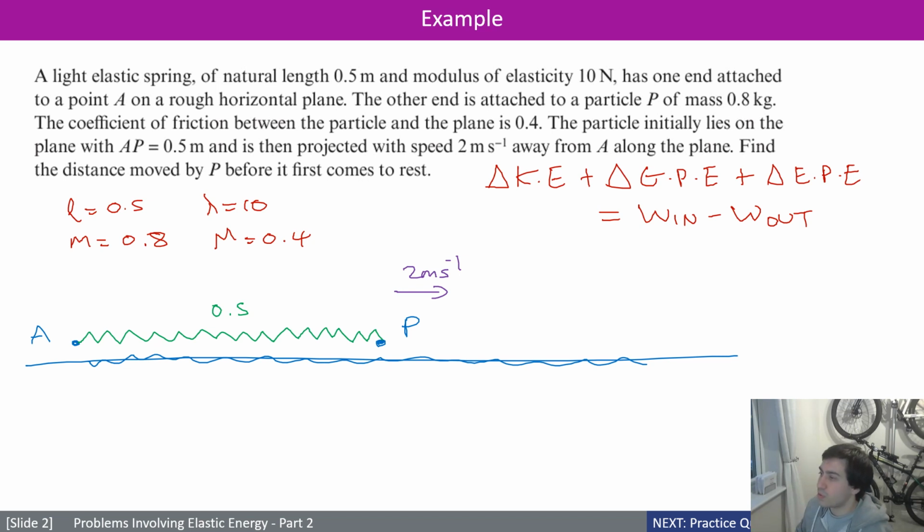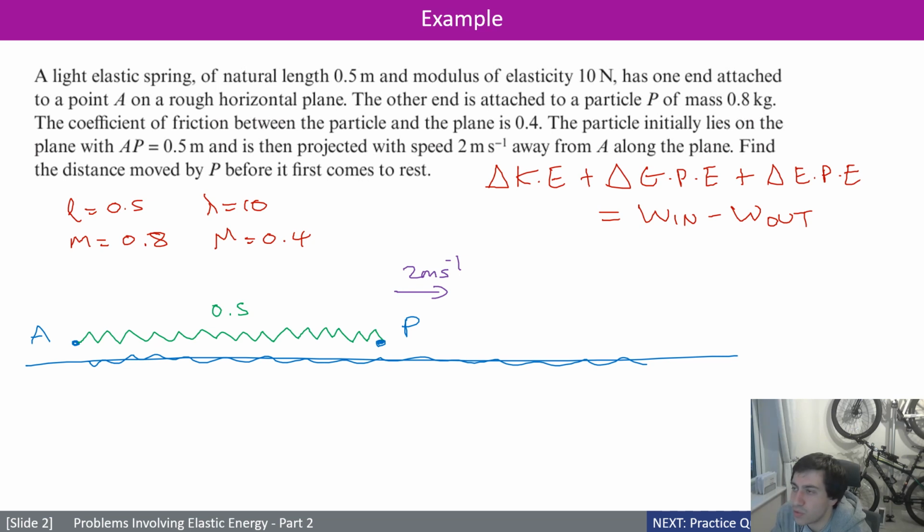It's presumably caused by someone holding the particle and giving it a bit of a push. And now it's going at 2 meters per second initially. Because of course the spring is neither compressed nor stretched at this point. So that speed is being caused by something else. Effectively, it's just an initial condition, its initial state. And it's projected to the right away from A.